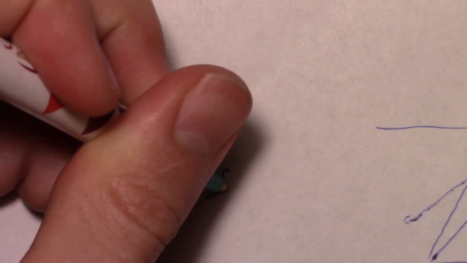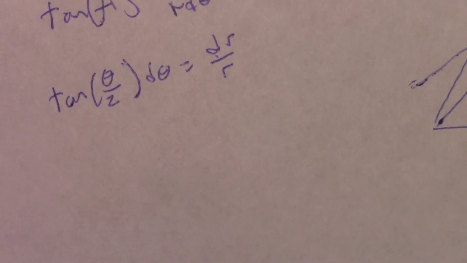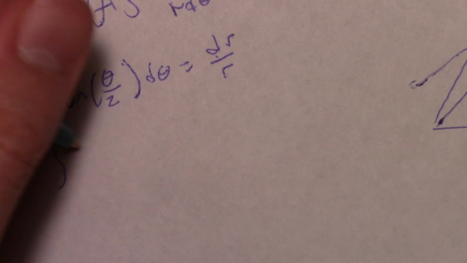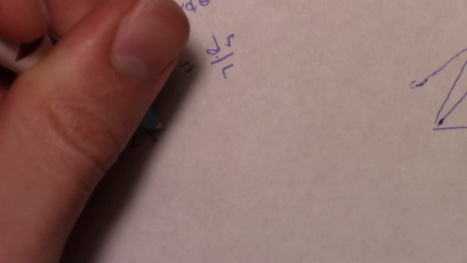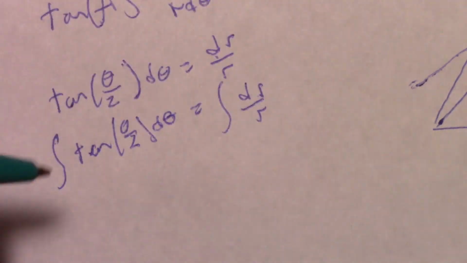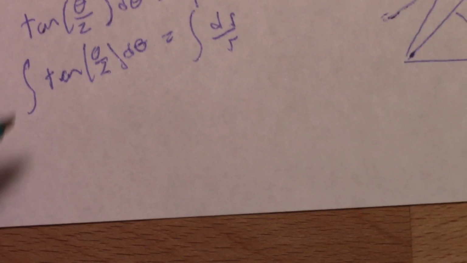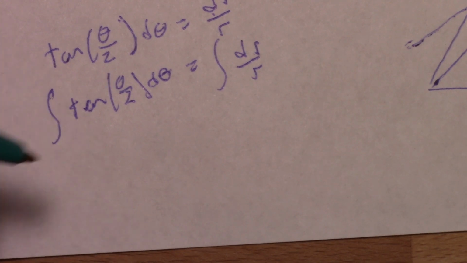d theta equals dr over r. Classic stuff. Integrate: the integral of tangent of theta over 2 d theta equals the integral of dr over r. Okay, what is the integral of tangent? No clue.